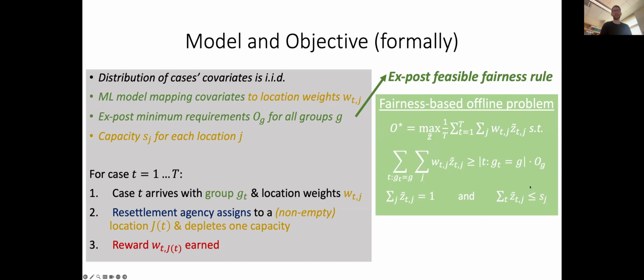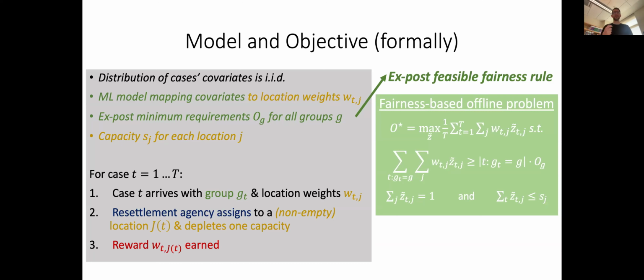The bottom right constraint says if you look at any location, the number of cases assigned needs to respect the capacity. And the big one in the middle says if you look at the average outcome for any group, meaning all the cases of a given group and their employment combined, that shall be at least what the fairness rule dictates for the group.